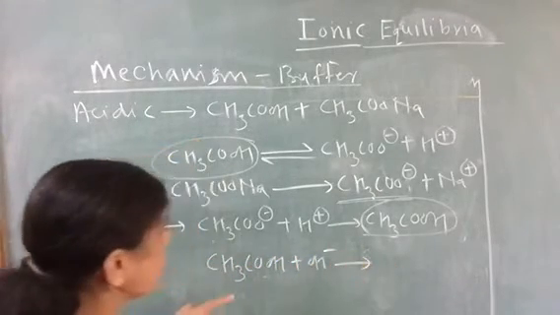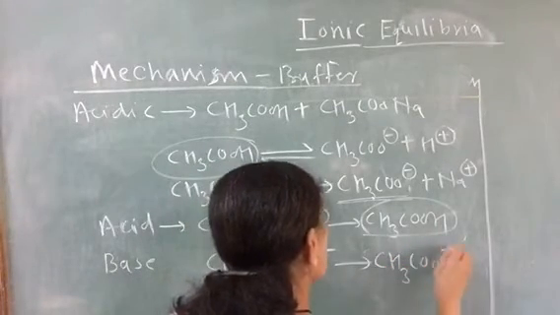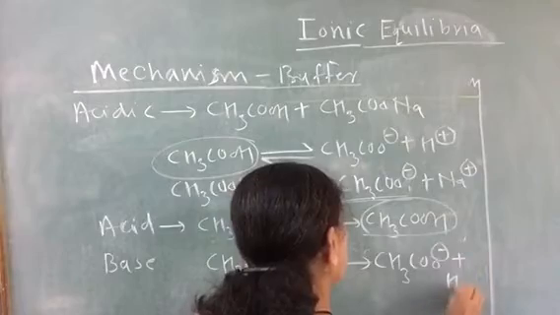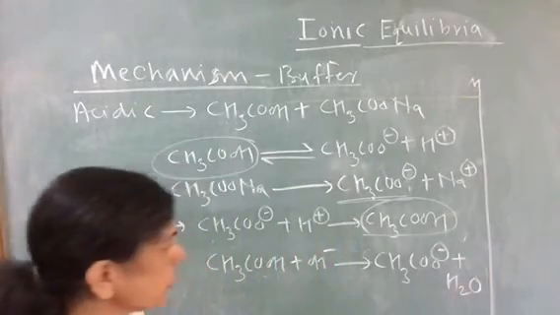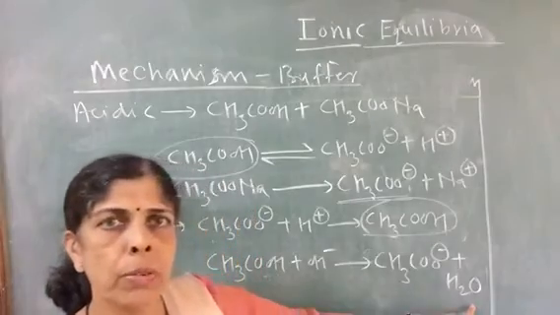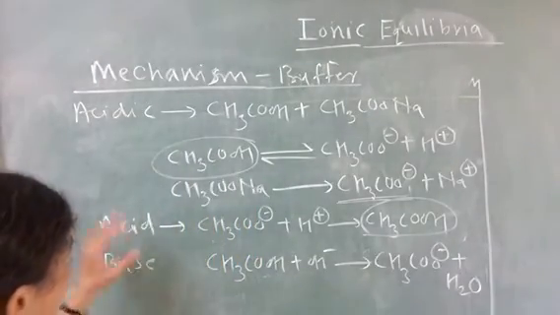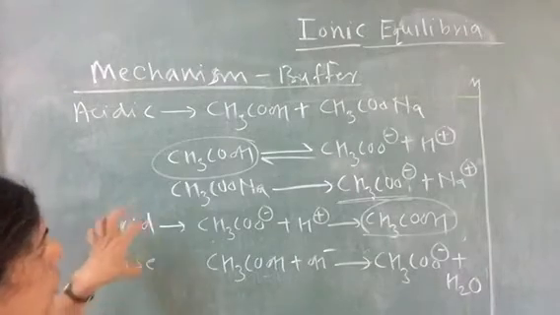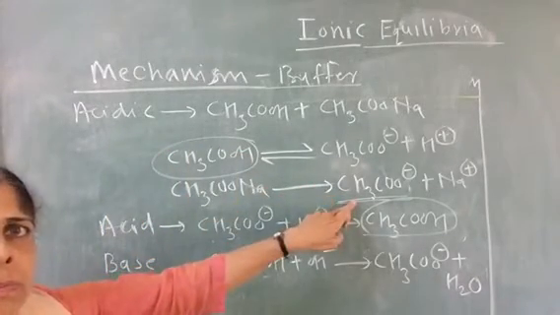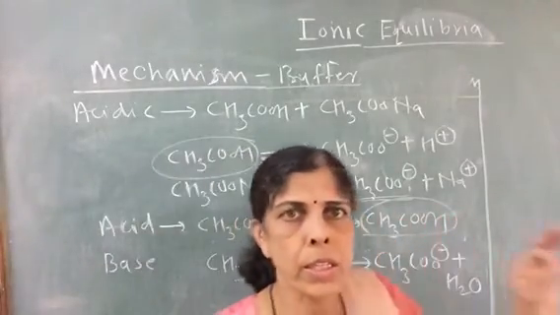So we will have water formation, neutral water, and acetate ions. Again, if you observe the equation, neutral water is formed, therefore pH of the solution will remain the same. So whether we are adding acid or base, the components of the buffer solution resist the change in pH of the solution.